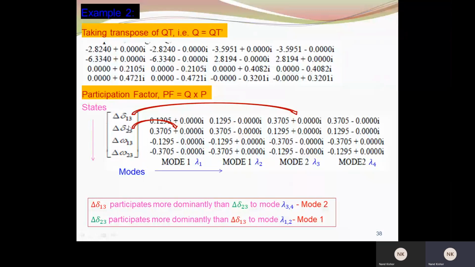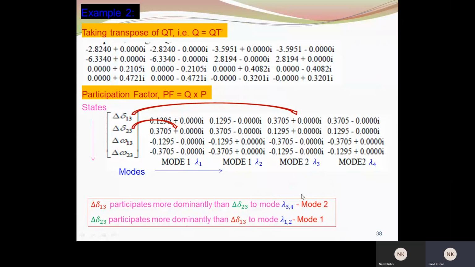Similarly, the state variable delta 2 3 participates dominantly in lambda 1 and 2, mode 1, with respect to delta 1 3. So for mode 1, we find more oscillation in this state variable compared to this one.